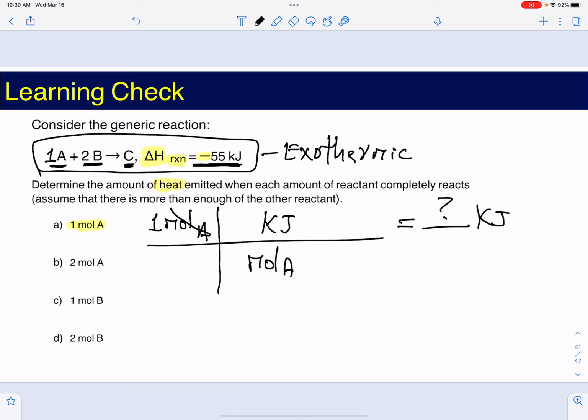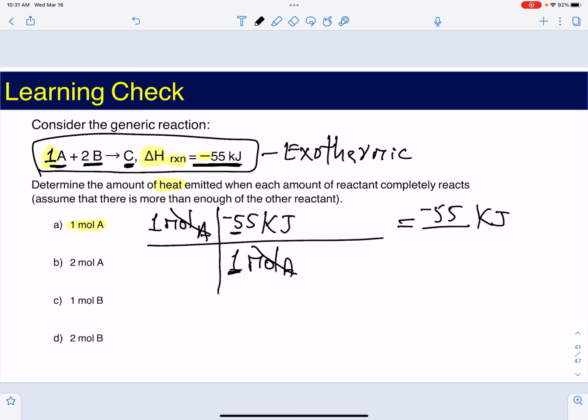So I cancel my mole of A and I get my kilojoules. But I need those numbers. Those numbers come from the balanced equation. Minus 55 goes with the kilojoules, and 1 goes with the A.